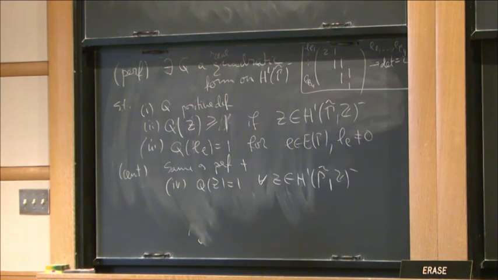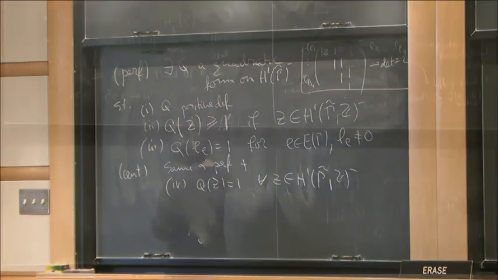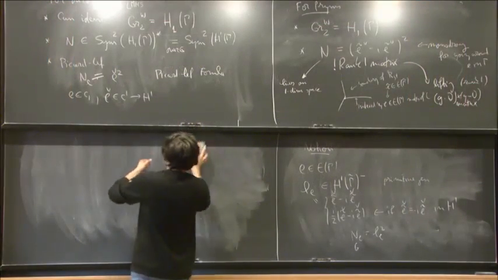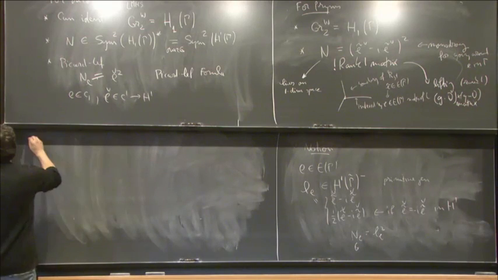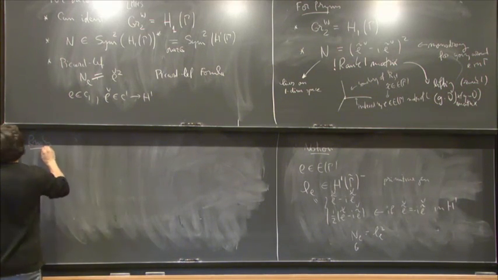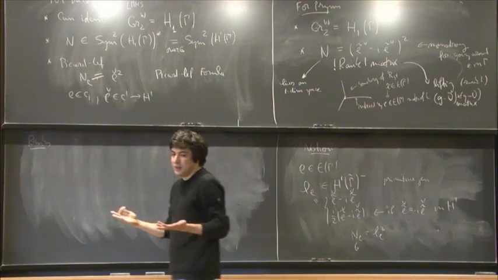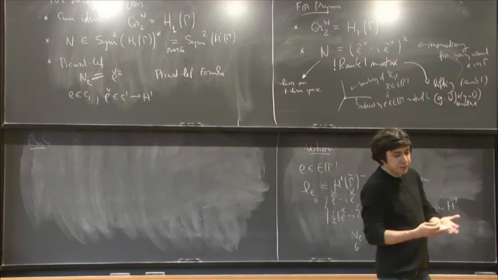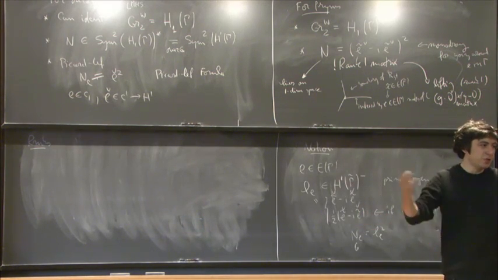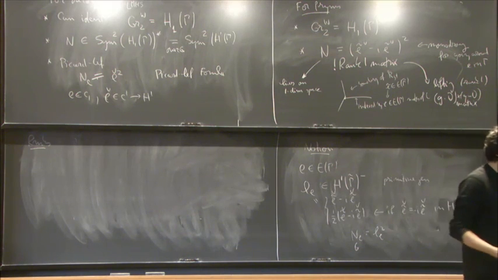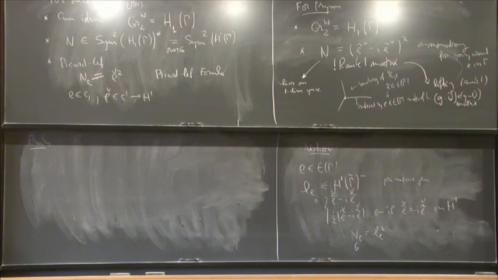So let me make some remarks to parse this one. This basically gives you a complete combinatorial description. If you give me a dual graph, I should be able, using this, to tell you if it extends or if it doesn't extend.